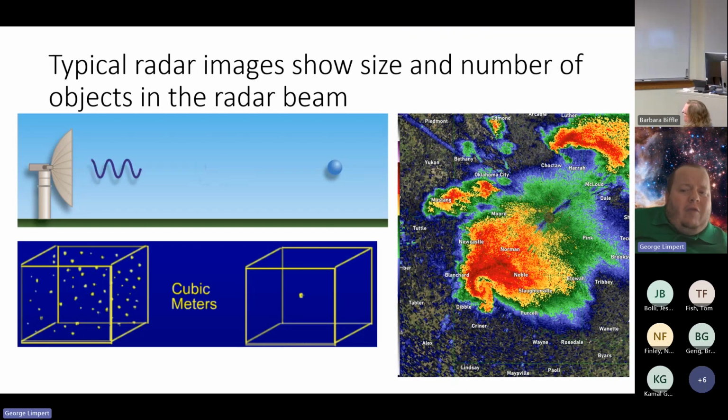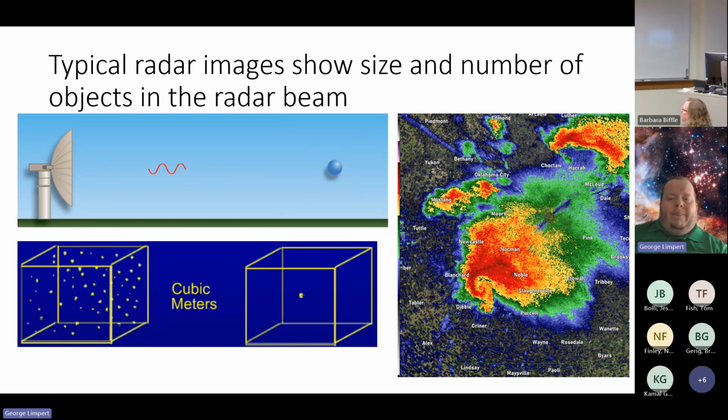So just a little bit of background on how weather radar works. The images that you're used to seeing probably look like something over on the right side of the screen. That's a supercell moving through central Oklahoma. Probably a very, very tornadic and very dangerous supercell, if I remember what this event is. And the way you get these images is that the radar sends out pulses, and you can see an example of this.